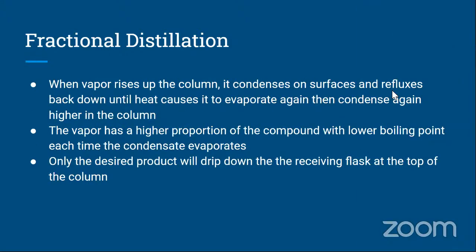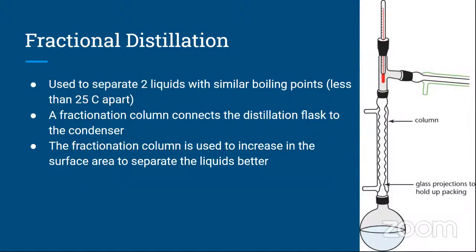Are there ever cases where you want to separate more than two compounds? Yeah. When you have more than one compound, let's say you have compounds that boil at 10, 20, and 30 degrees Celsius.